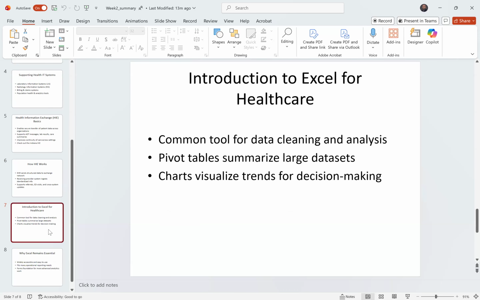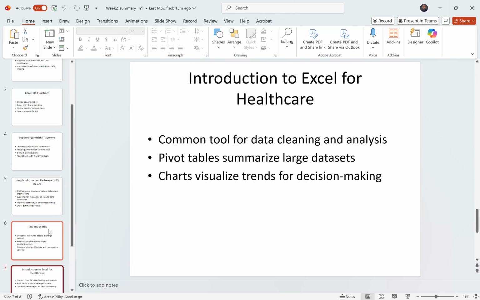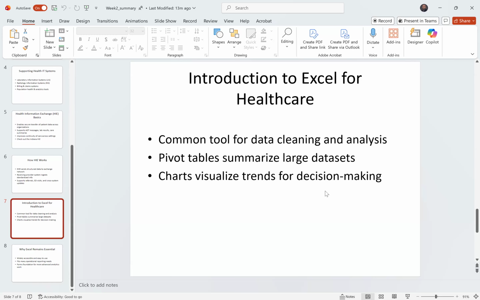The last two slides are really to talk about Excel. Microsoft Excel, which all of you have access to, some of you might have used more extensively than others, is the easiest, the most powerful, and the cleanest tool to use for data.